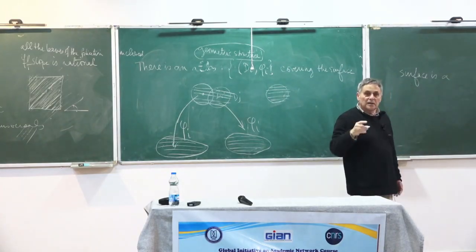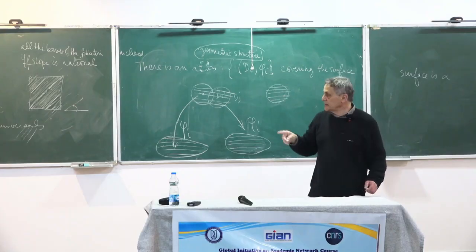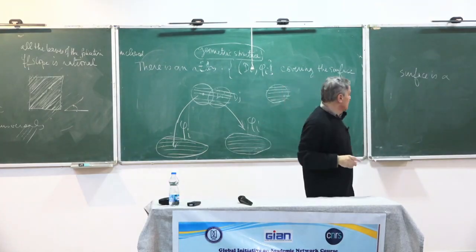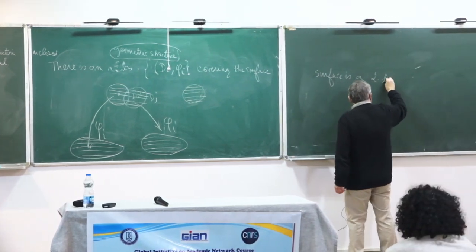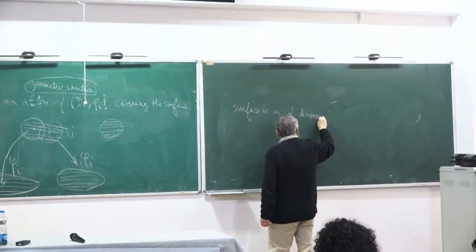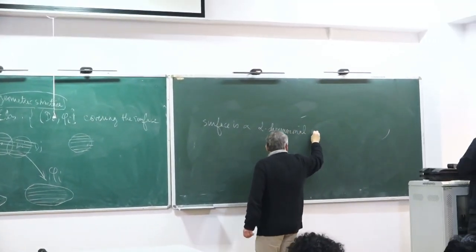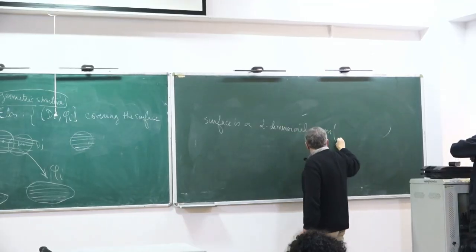Yeah, okay. Let me say something just to finish this for 5 minutes, and then we'll take a break. A surface is a two-dimensional manifold.